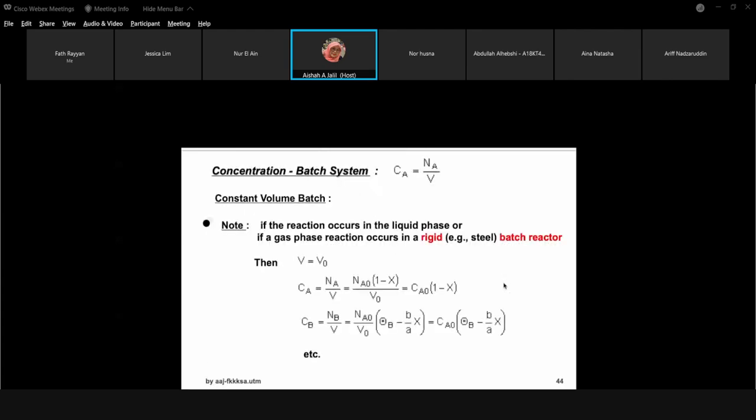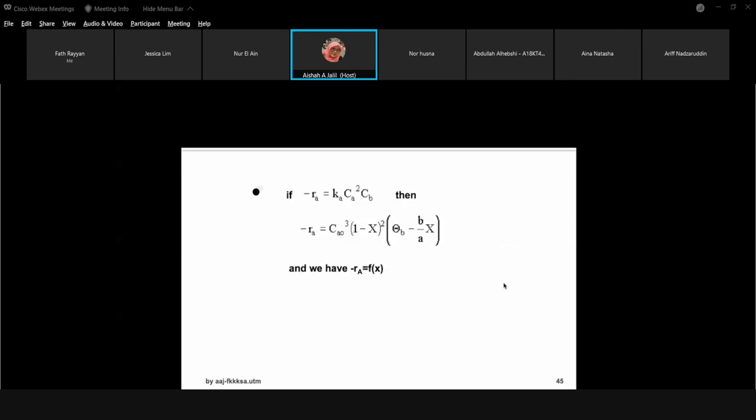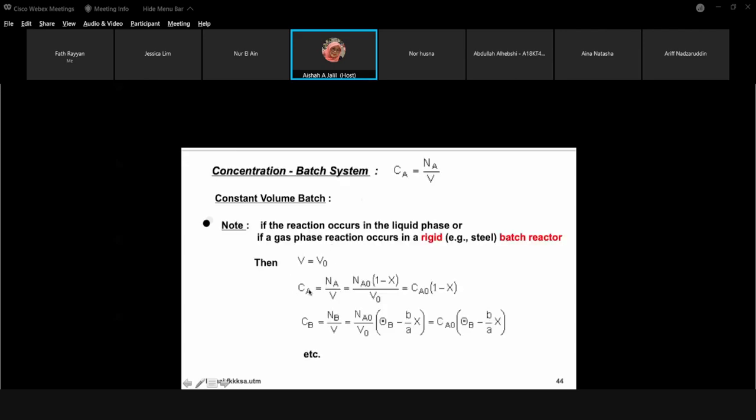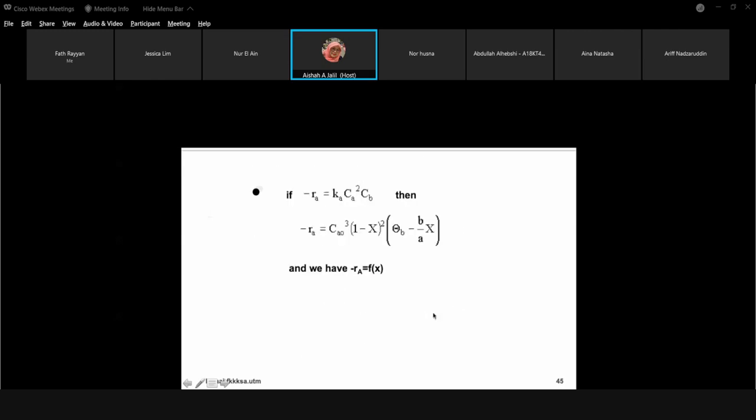But this is an example. They just want to show you why you study the stoichiometric table, okay? This is the rate law. If the rate law is negative RA equal KA CA power of 2 CB, then you have CA equal CA naught 1 minus X. So you just replace CA equal CA naught 1 minus X. CB, what is this?